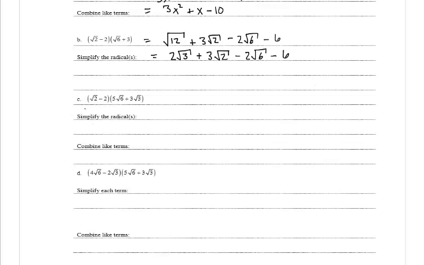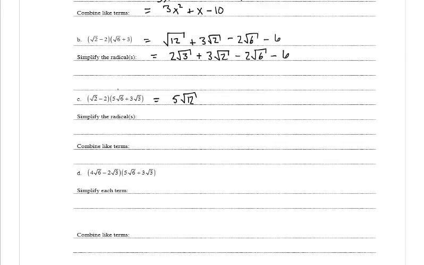In C, we have the square root of 2 minus 2 times 5 square root of 6 plus 3 square root of 3. And we're going to FOIL first. So we have the square root of 2 times 5 square root of 6, which is going to be 5 square root of 12.